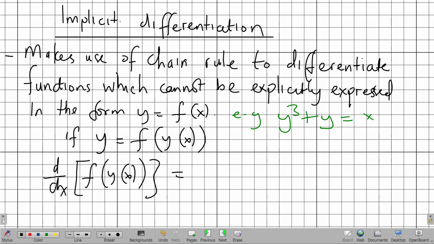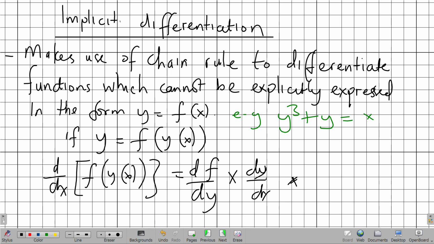So we're going to use the chain rule in here, which is basically df over dy times dy over dx. So that's the rule. That's the chain rule.